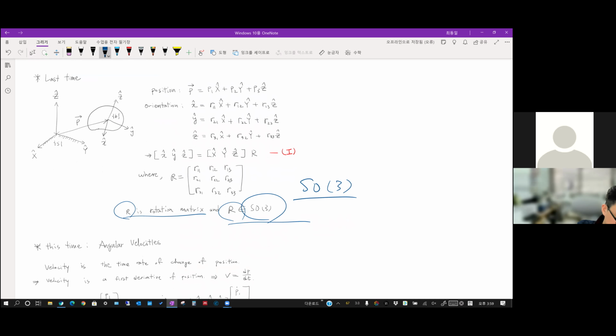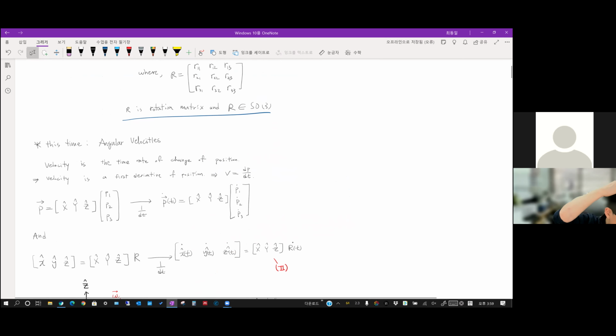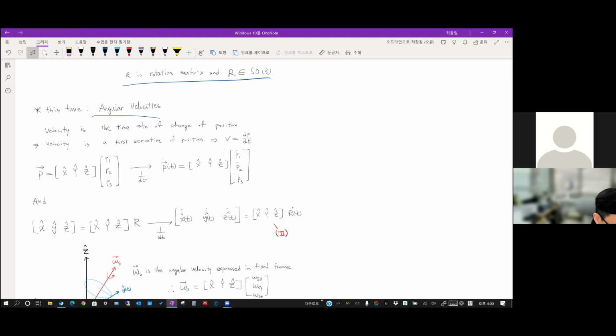So you should memorize this one. And this time, we will learn about the angular velocity. So angular velocity is the derivative of the rotation matrix. So let's learn about this.